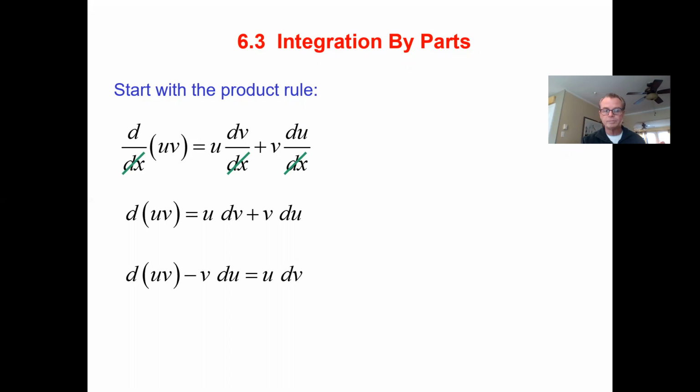So now what? Algebra 1, we just added negative v du to both sides. Now what was on the right, they rewrote on the left. What was on the left, they rewrote on the right.